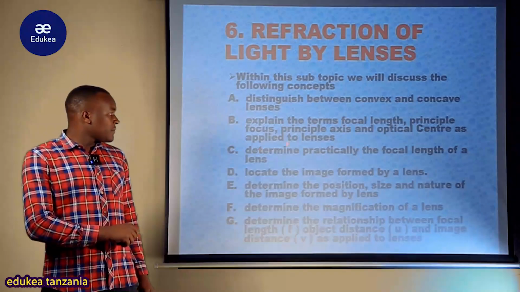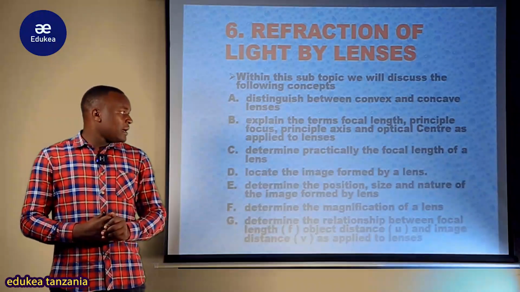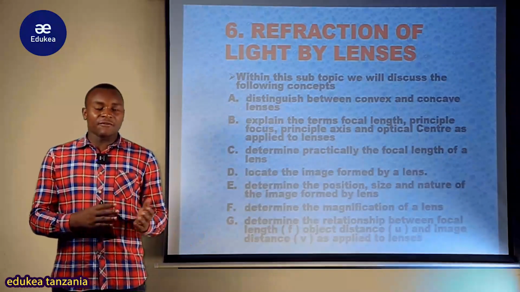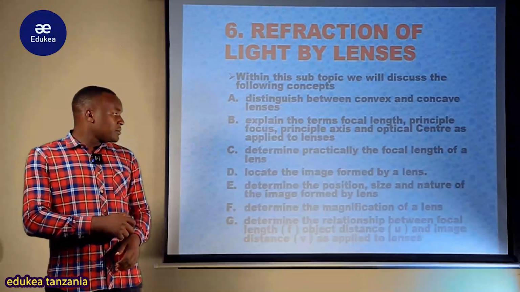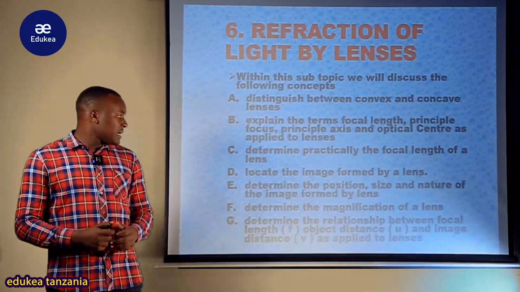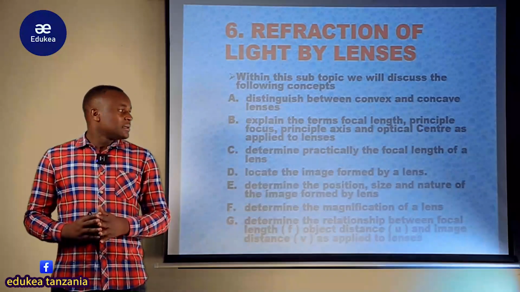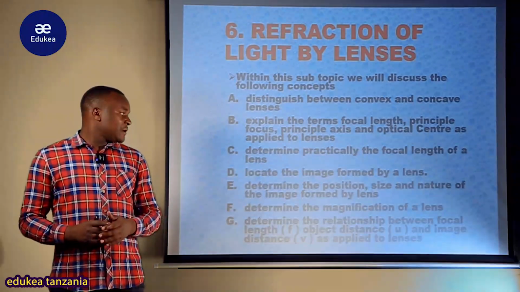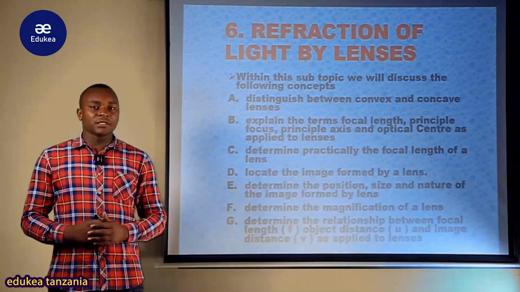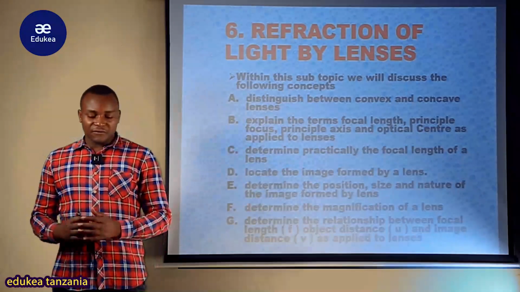But also we learn how we can determine the focal length of a lens, but also how we can locate the image by using a ray diagram, but also how we can determine the size, position, and the nature of the image formed, and also to determine the magnification of the lens.